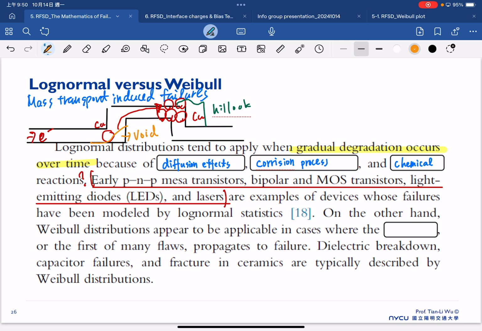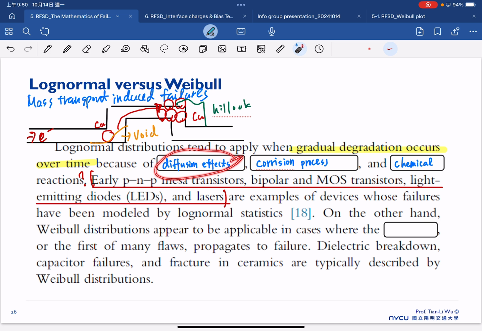So now there's a diffusion inside that drives this degradation. That means this is a gradual degradation over time because of the diffusion effects here.